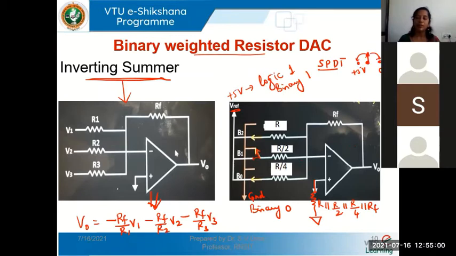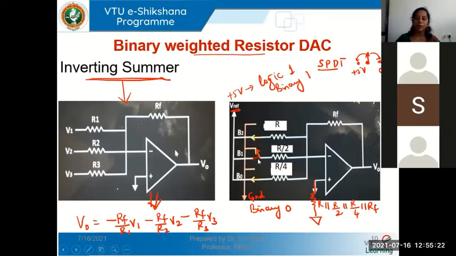Remember, errors at the output due to bias currents and offset voltages in op-amps can be avoided by equating the Thevenin's resistance from the inverting terminal to ground to the Thevenin's resistance seen from the non-inverting terminal to ground. All this we have discussed, so I'm just telling you this can be connected like this.